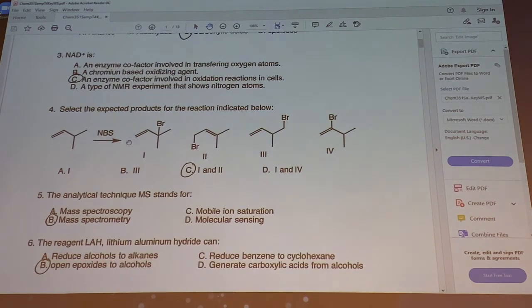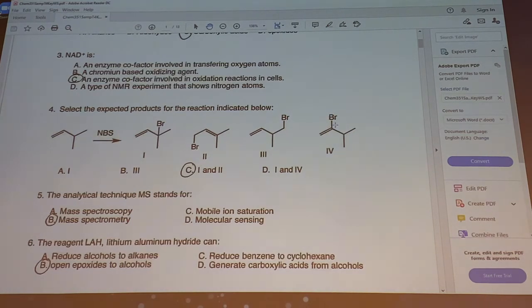Here's a chapter 15 problem, the allylic bromination. There's 2 allylic resonance forms here, one with a radical here, one there. And those are the 2 products, 1, I think, and 2. You don't form the radical out here. That'd be primary and not resonance stabilized. This one would be on the edge here.